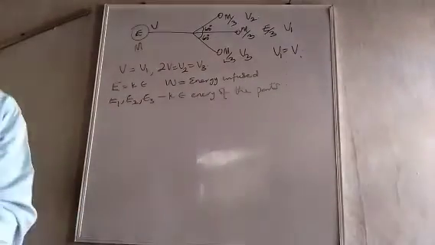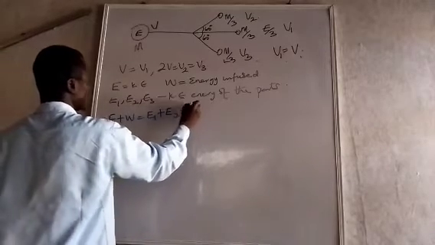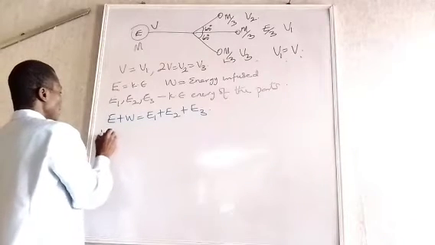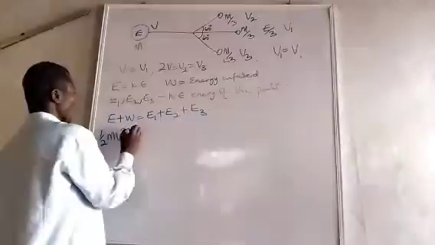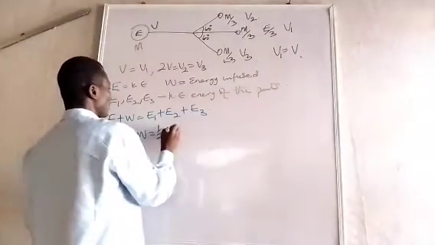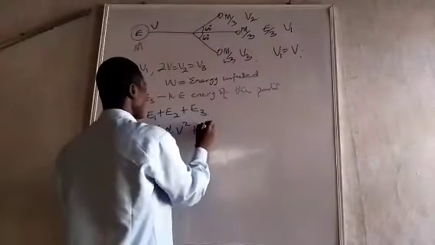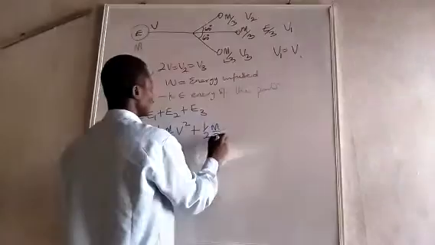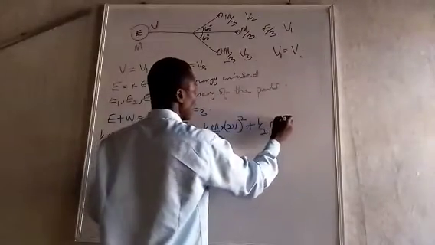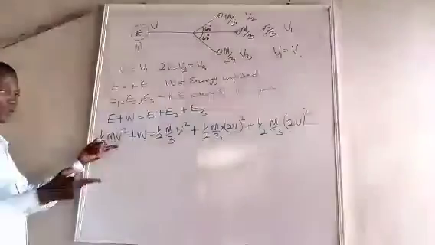So E plus W is equal to E1 plus E2 plus E3, and we are trying to get W. E is half m v squared, so half m v squared plus W is equal to half m over 3 v squared plus half m over 3 times 2v squared plus half m over 3 times 2v squared.